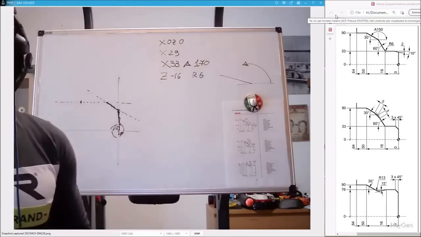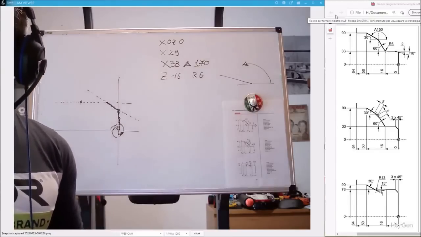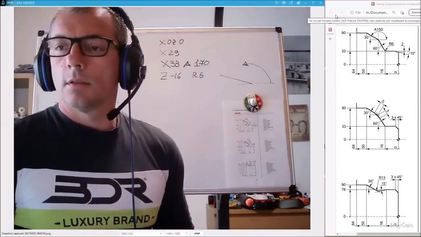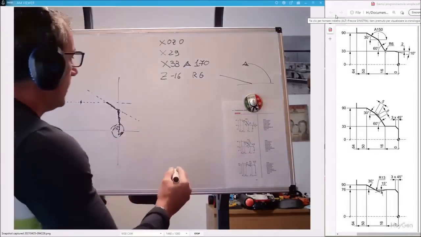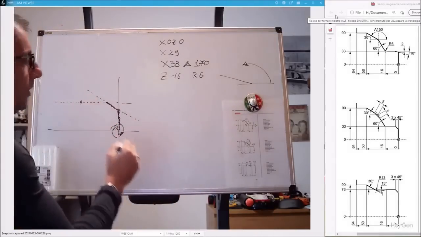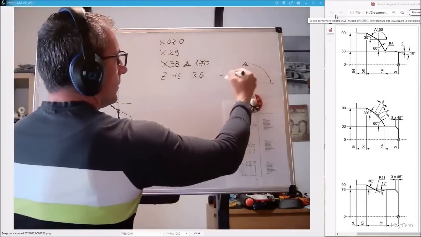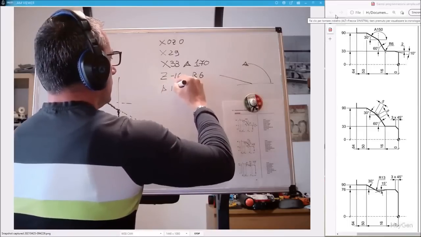From that point here, I have, let's see, 30 degrees, 60 degrees, but I have neither X nor Z. What do we do? Let's do this. So, we are here. We know that from this point we need to move upwards at 60 degrees, 180 minus 60, so angle 120.